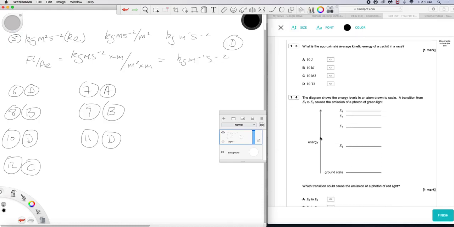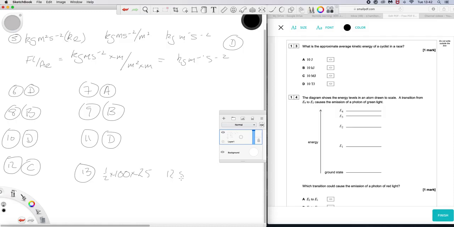Question 13. An approximate average KE of a cyclist. Well, if we said our mass was 100 kilos, say, we would have a half times 100. Let's say it's traveling at 5 meters per second, 25. So you've got 12 and a half times that.